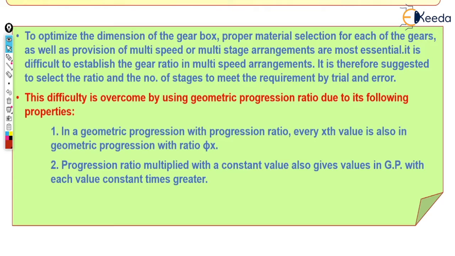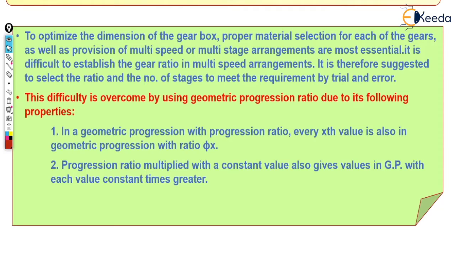There is a constant supply of engine speed, and there are certain outputs that we need at gears 1, 2, 3, 4 and so on. So there should be proper material selection, and with multi-speed and multi-stage arrangements, there should be a proper gearbox dimension which is suitable for a two-wheeler or four-wheeler, whatever machine we are building.